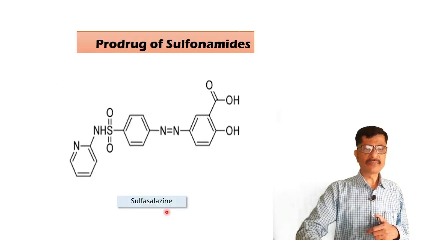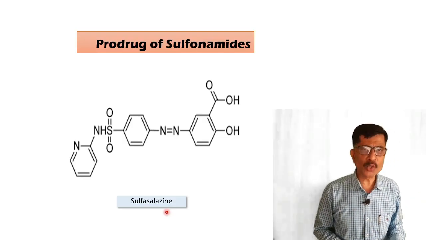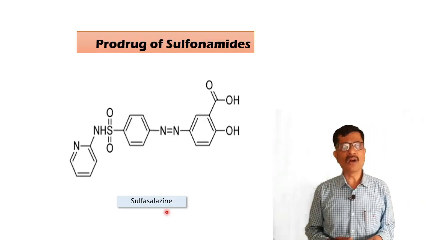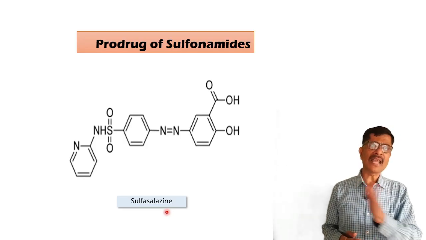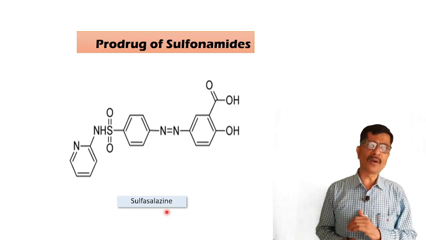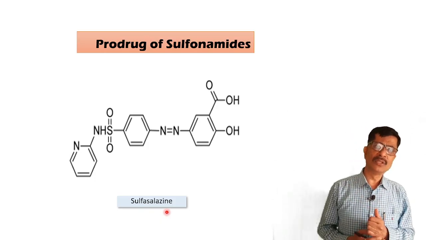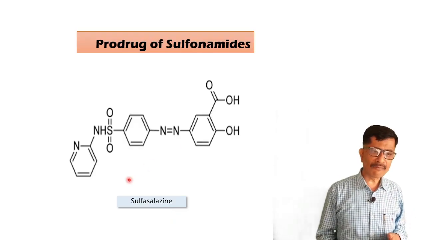The sulfonamides are available in the form of prodrugs. The prodrugs, as I already quoted, are inactive outside the body, but when they are introduced into the body, they release the active form of the drug and show the desired effect. This is sulfasalazine.